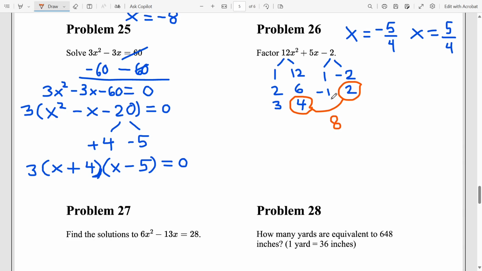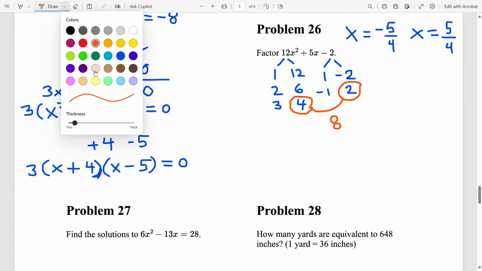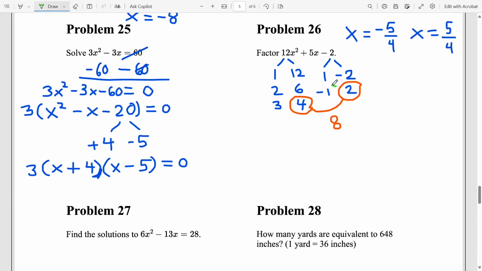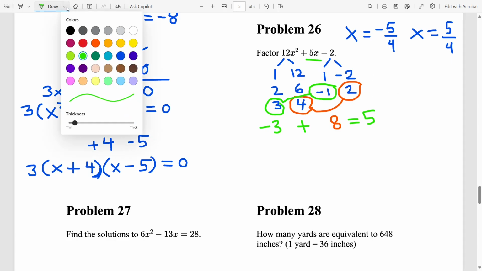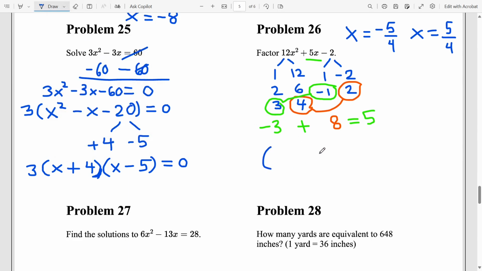I would have to take my other number in each pair and multiply those together and then add them. So I would have to do negative 1 times 3. That would give me negative 3. And negative 3 plus 8 is going to equal 5, which is our middle coefficient. That's what we want. So we're going to use those numbers. Now, the 3 and the 4 are going to be the coefficients in front of x.